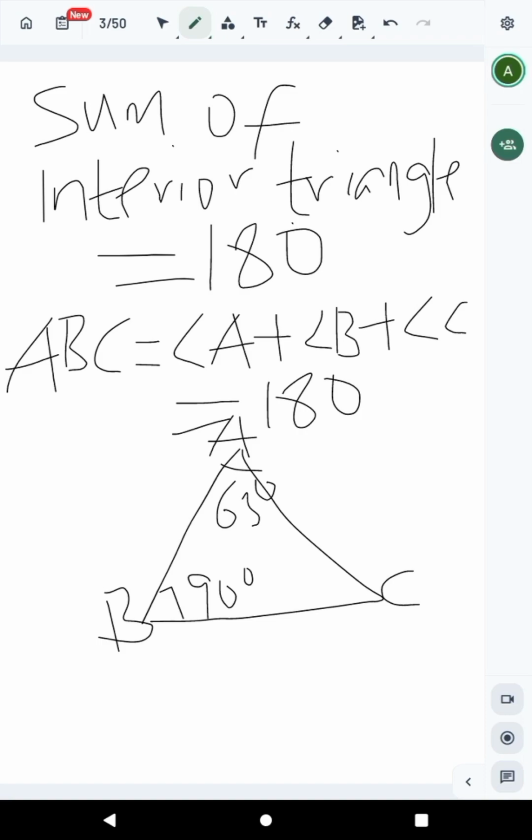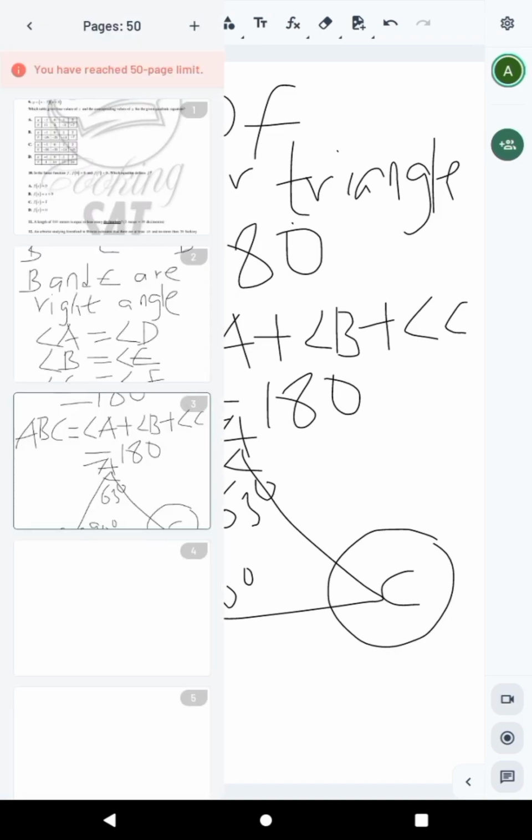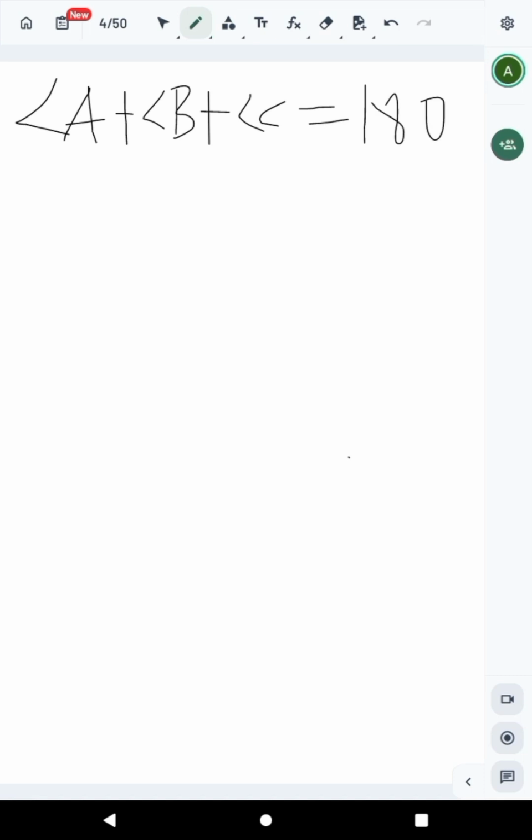So now we have A as 63, and B as 90. We need to find C. So angle A plus angle B plus angle C is equal to the sum of interior angles of a triangle, which is 180.